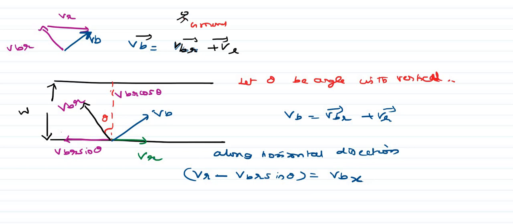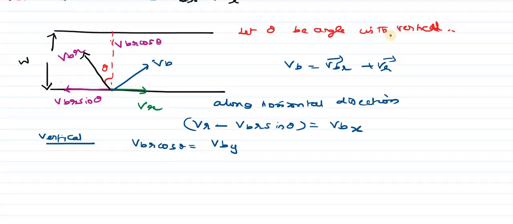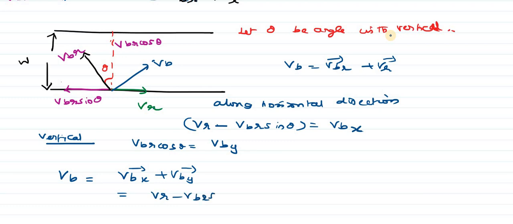In the vertical direction, along the y-axis, VBR cos theta is equal to VBY. So if I want VB, I can write VBX plus VBY, where VBX is VR minus VBR sin theta along the I direction, plus VBR cos theta along the J direction.